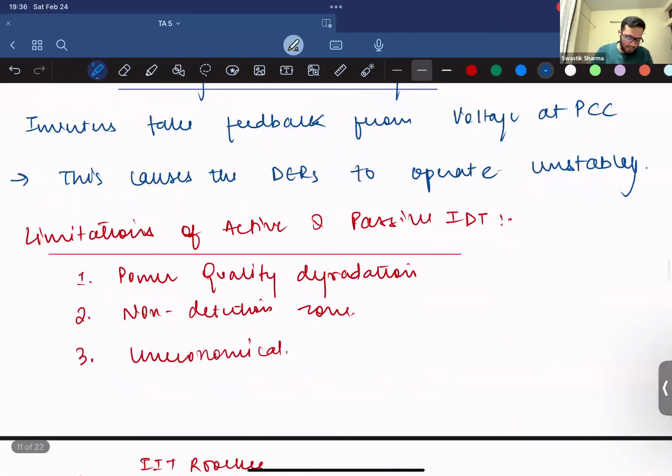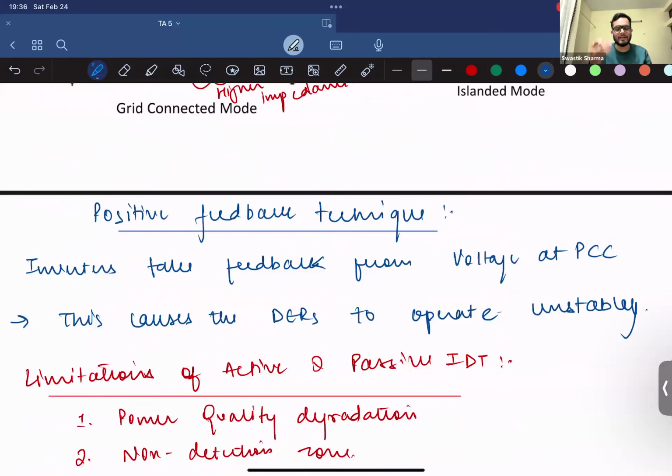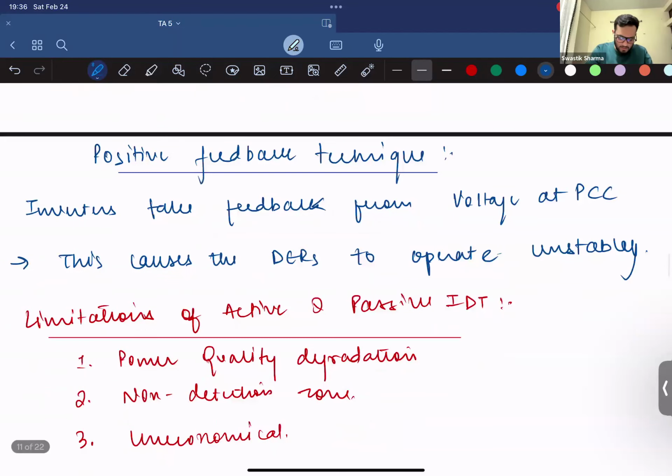But in positive feedback technique, what we do is we deliberately inject a feedback of voltage deviation, frequency deviation, or other stuff to our inverter based resources. So it causes the DRs to operate in an unstable region, and then the IBR is able to tell, okay, my DR is working in an unstable region, and islanding has definitely occurred.